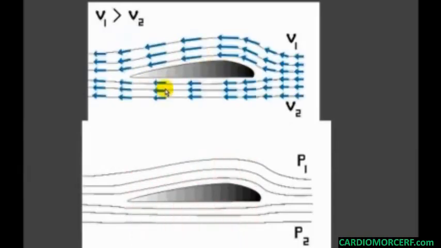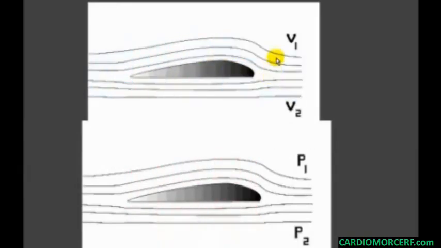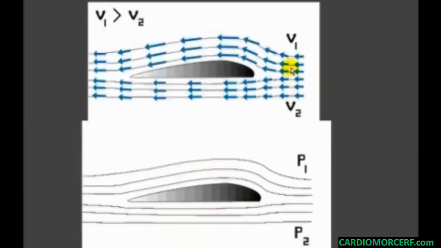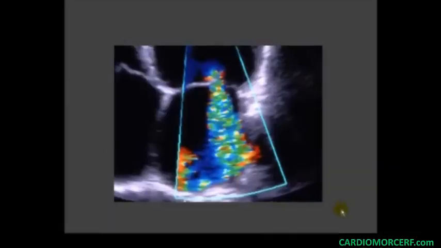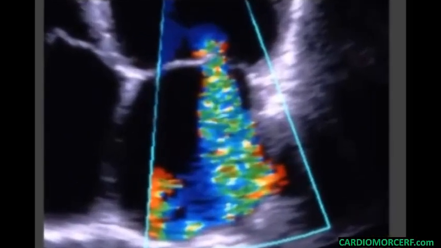Then there is less pressure on the top of the wing than in its bottom, and the airplane moves up. Then, when we see a jet like this mitral regurgitation, we know that the maximal velocity is in the area of maximal obstruction, where it has the smaller area, the so-called vena contracta.